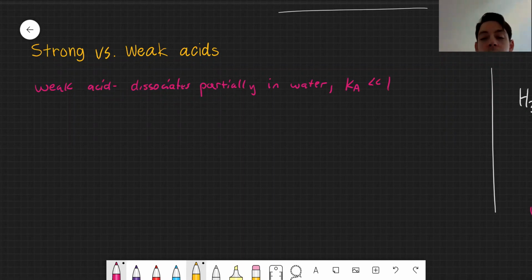Some of them could range from 10 to the minus 2, like phosphoric acid, down to say 10 to the minus 7. We could even measure some that have phenomenally low ones, like 10 to the minus 30. That would be a very, very, very weak acid. In contrast, a strong acid dissociates fully.